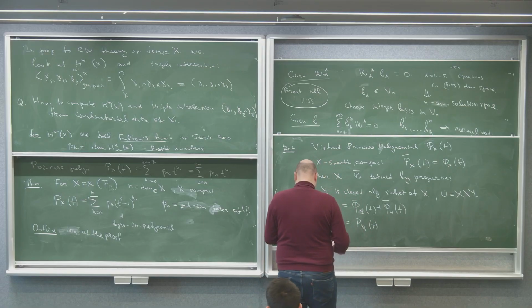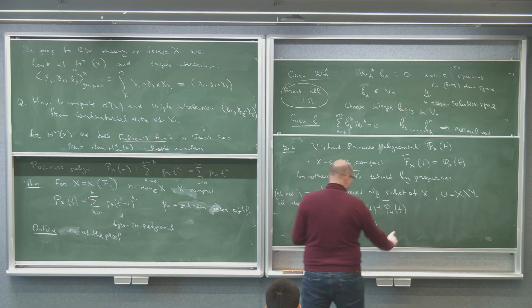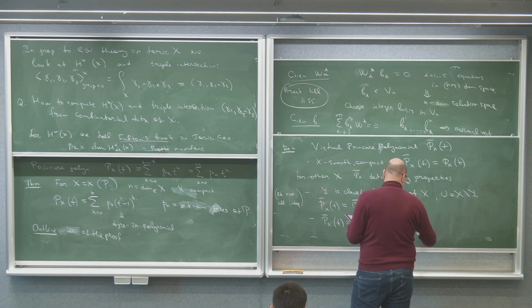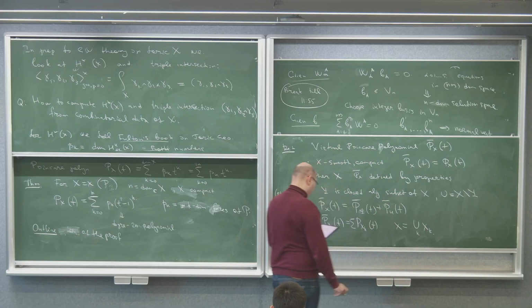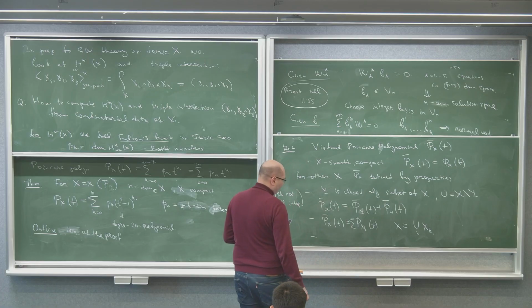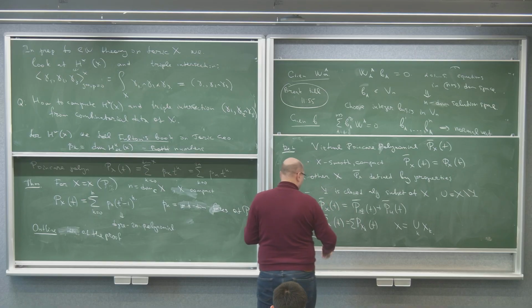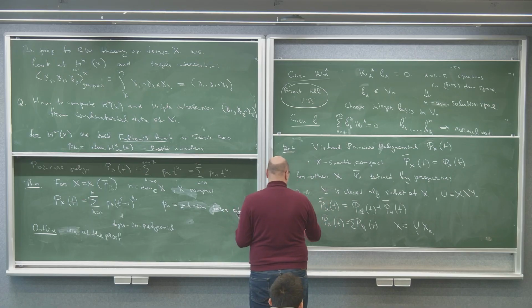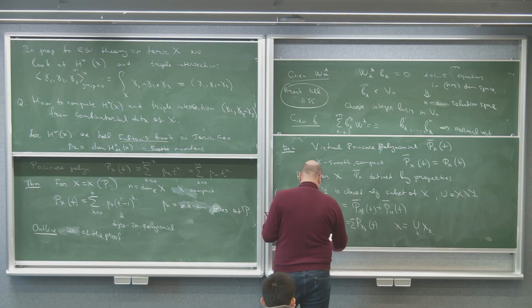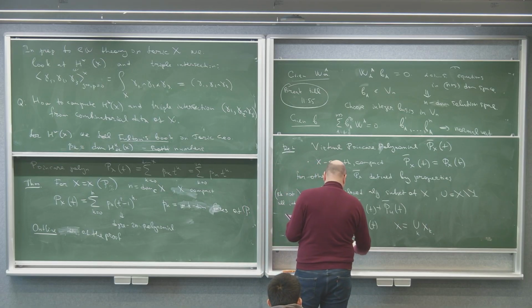So if my X is a union of finitely many closed subvarieties, then P_X(t) is just the sum. I think this one can probably be proven from the first one. The third one may still be derivable from the first one, but let me write it in the following way.